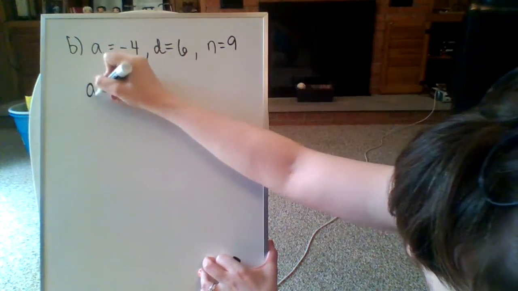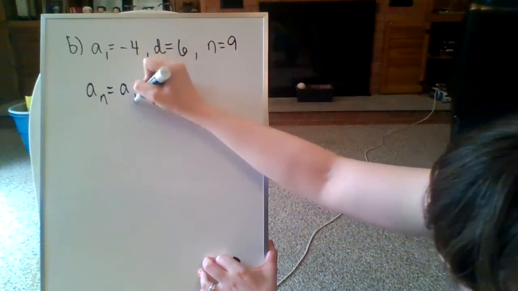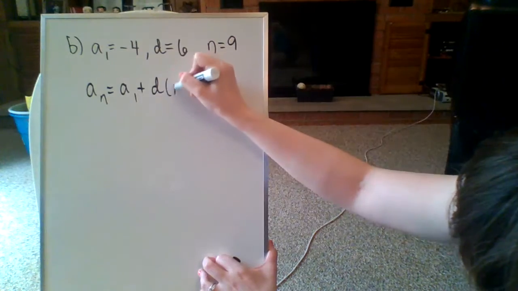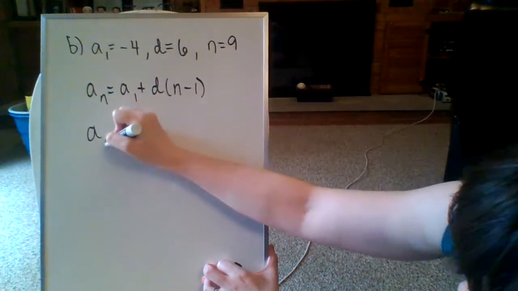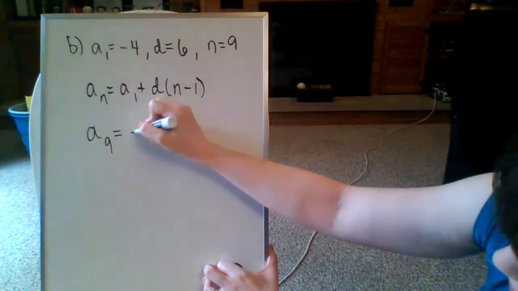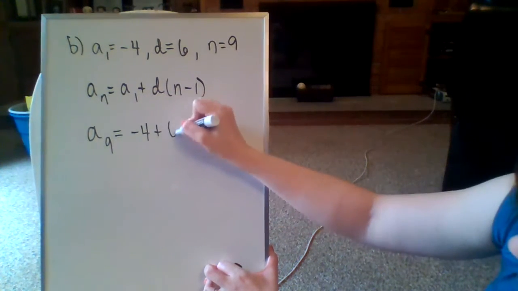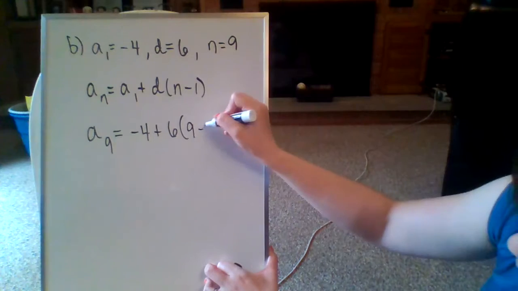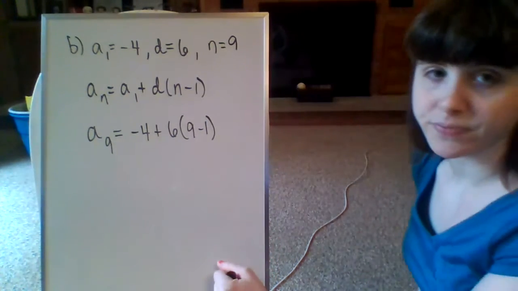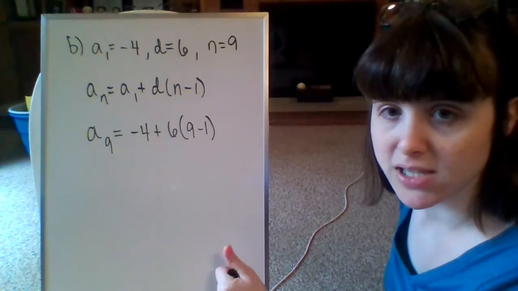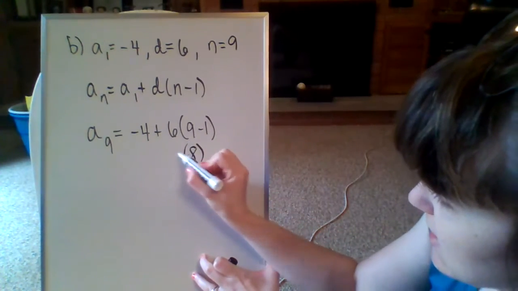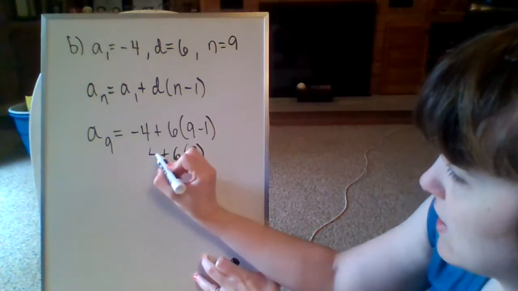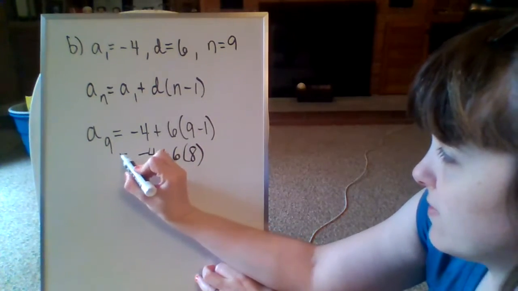So if you have our formula here, okay, so we're going to have the 9th term. A1 was negative 4, the difference was 6, and we're going to do 9 minus 1. Okay, so what is 9 minus 1? That's 8, right? So 8 times 6 plus negative 4.